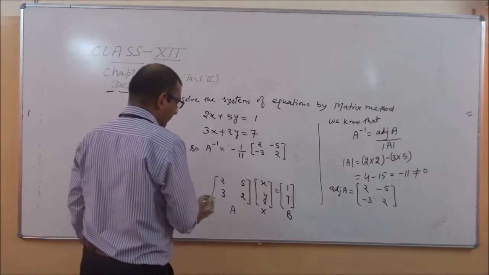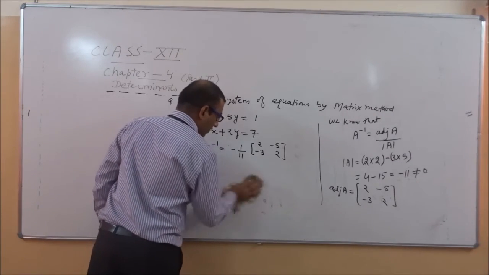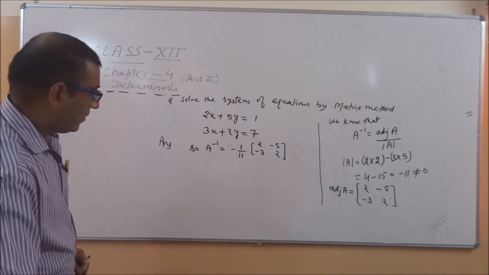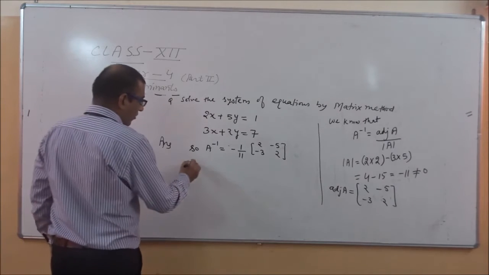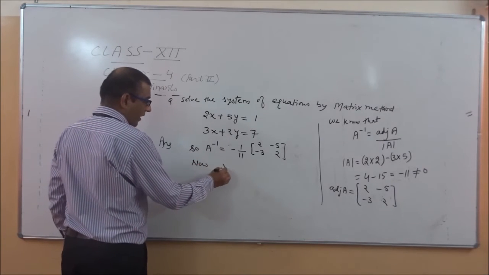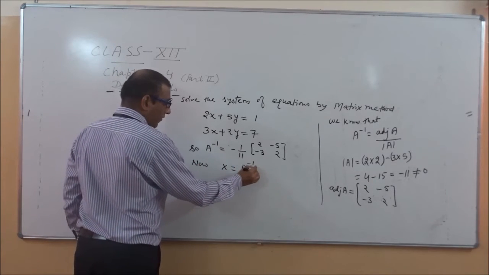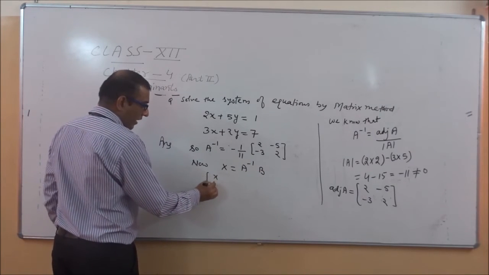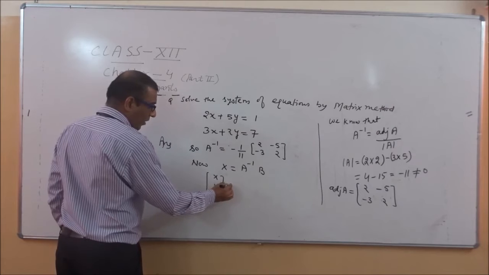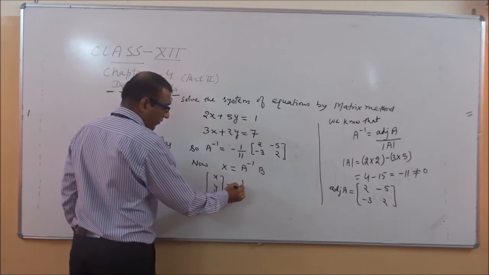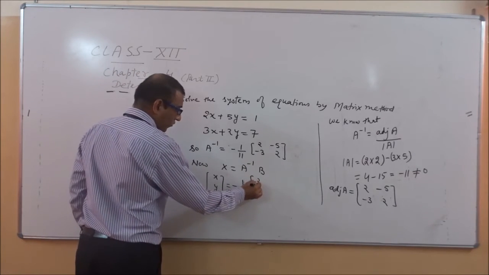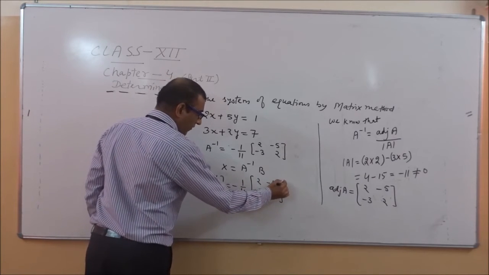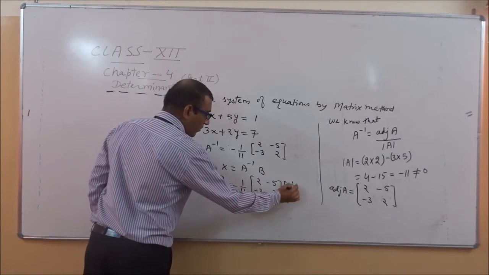After this, now we can say X equals to A inverse B. So the value of X is x, y. The value of A inverse we already calculated here, minus 1 upon 11, 2, minus 5, minus 3 and 2, and the value of B is 1 and 7.